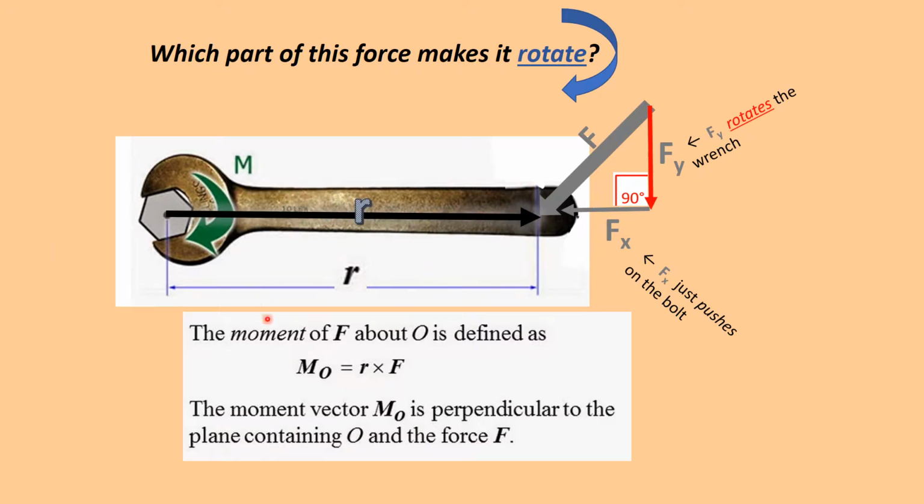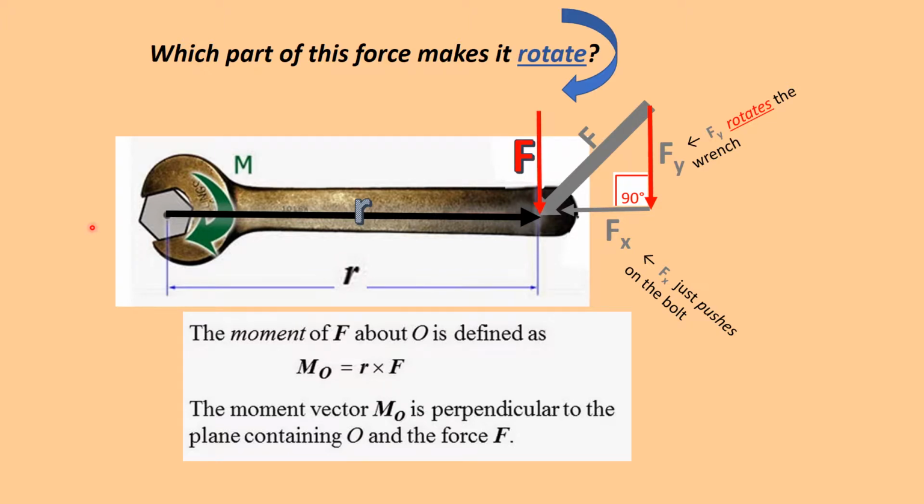And it's not just a magnitude, you want to know what direction it goes to. The direction of this position vector, when we plug it into the cross product, is going to be from the axis of rotation to where the force is applied. So remember the direction of this arrow, from the axis to where the force is applied.